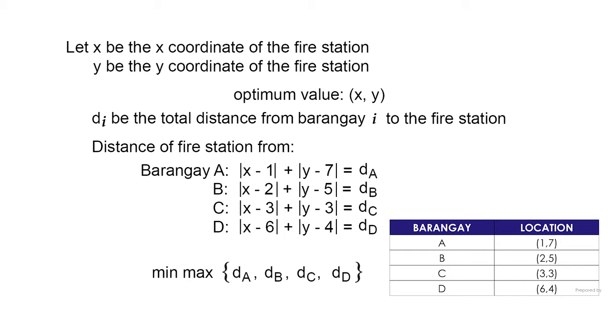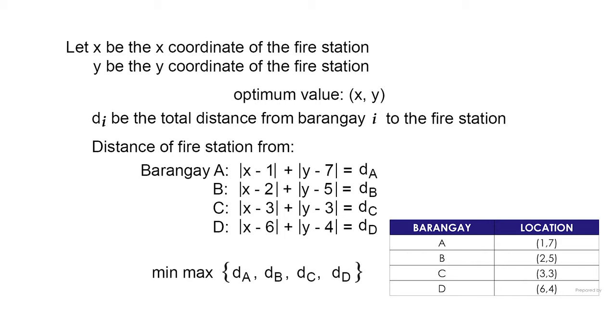Here we see that we have a minimax problem and that we also have an absolute value transformation. Therefore, we have to do two transformations in order to properly formulate our LP to make it linear. Let's start with the absolute value transformation.